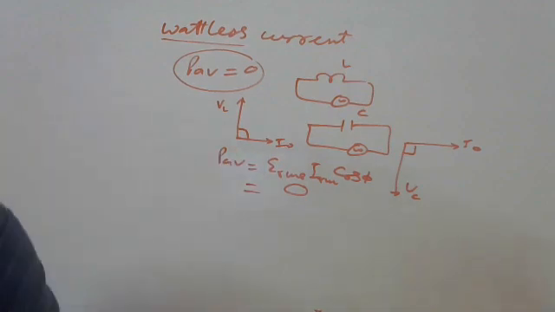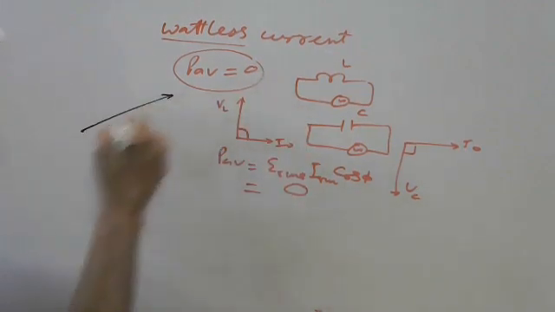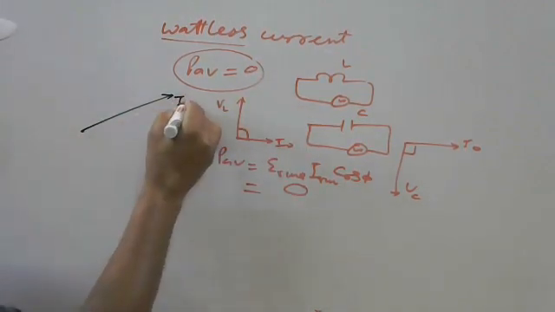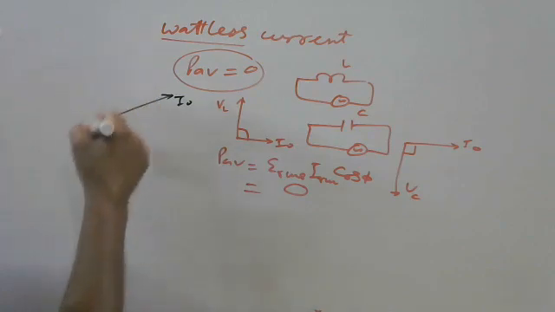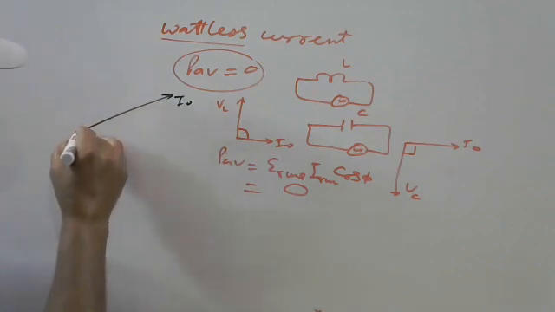Got this point? So in any circuit, suppose this is the current I0 and suppose this is the voltage.